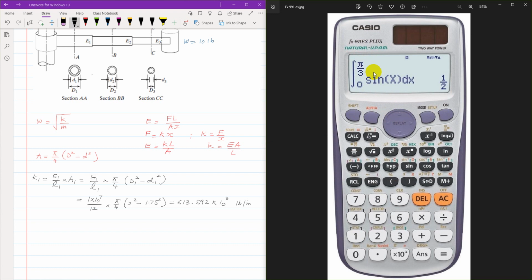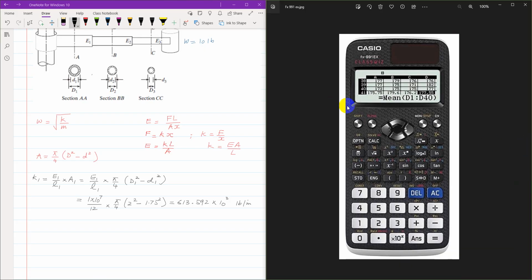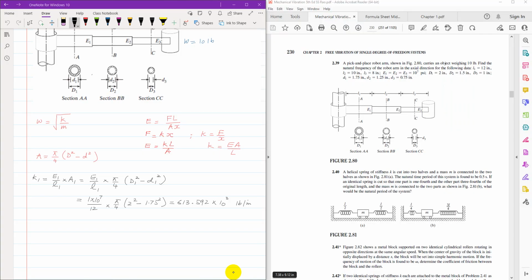If you want to recall that A value, you use alpha and then A. I have stored this one as A in the calculator.